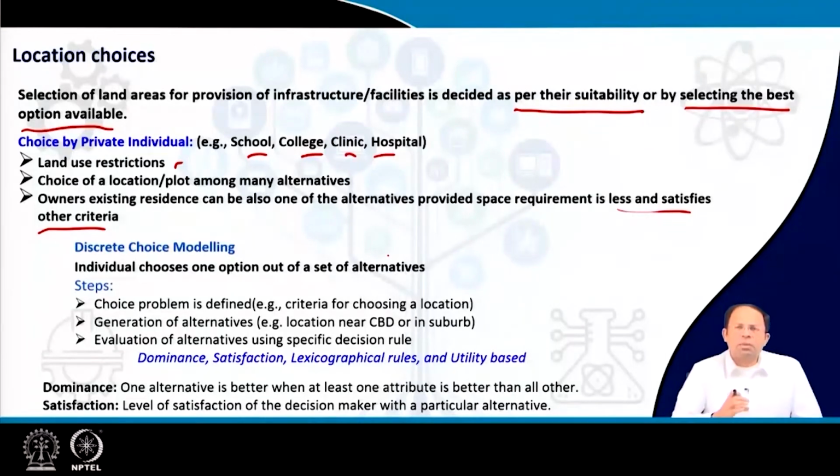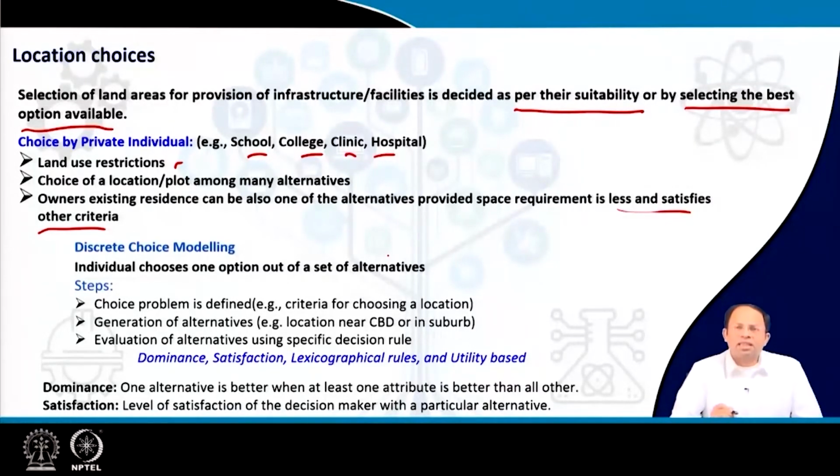So first is as per his convenience, as per his affordability, as per his knowledge of that particular location, he will decide on a certain location. But at the same time, he will also think of, if I select this particular land, what would be the criteria, like for example a school. Even though I have a land 20 kilometers away from the city, I will not set up a school there because I know that in that case nobody will come to that school.